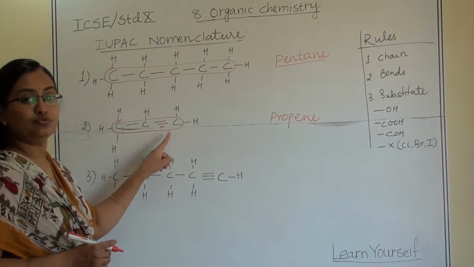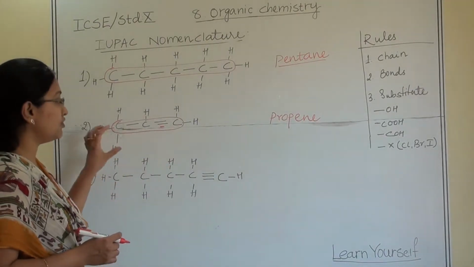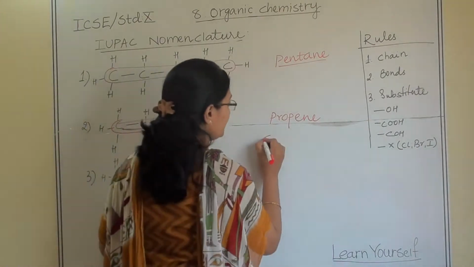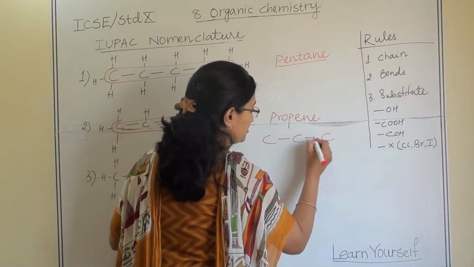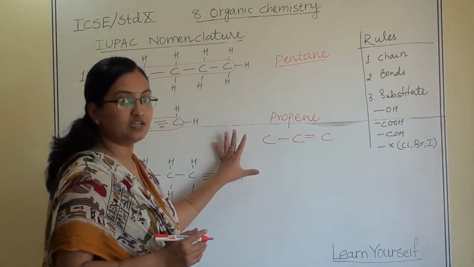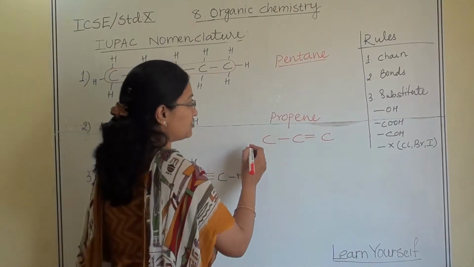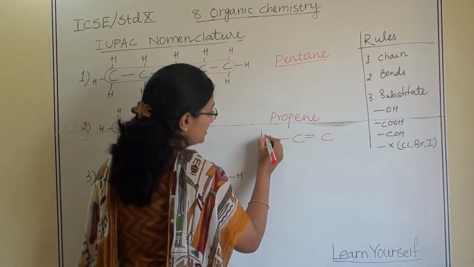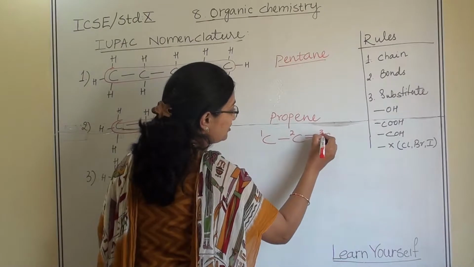So how to identify the position? For that we give a numbering to the long chain. For example, this is our structure and here a double bond is there. I am not writing the hydrogen here, just to make sure you can understand the numbering. So 1, 2 and 3.